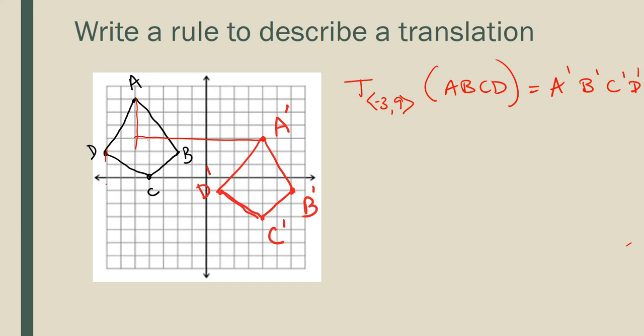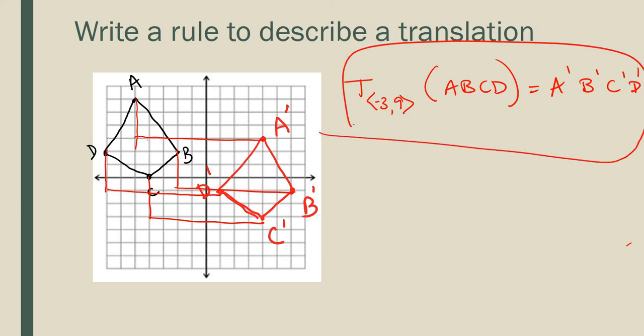I need to check all of them. So make sure I'm going down 3 to the right 9, down 3 to the right 9, and down 3 to the right 9. And once I've checked them all, I can say that this is my rule and this is my translation.